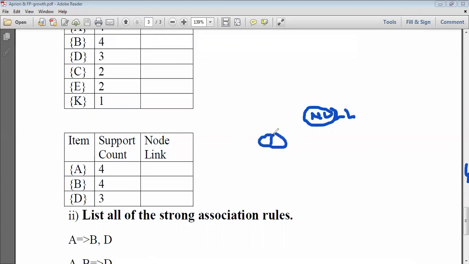this is the A. I have to write, and its link you have to assign like this. First transaction you have to consider A, and for the second transaction you have to represent it as count is 1.